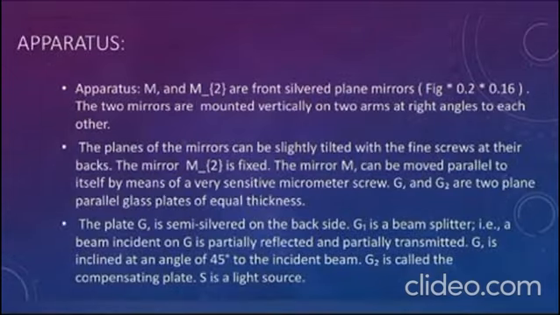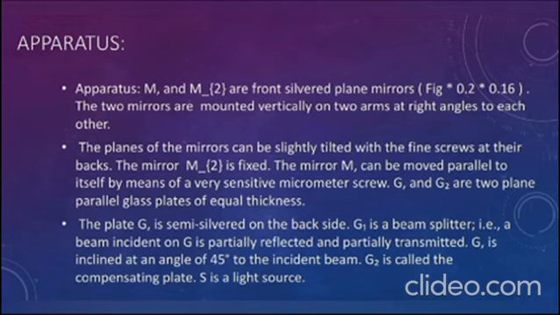Construction of the Michelson interferometer: M1 and M2 are front silvered plane mirrors. The two mirrors are mounted vertically on two arms at right angles to each other. The planes of the mirrors can be slightly tilted with fine screws at their backs. Mirror M2 is fixed.